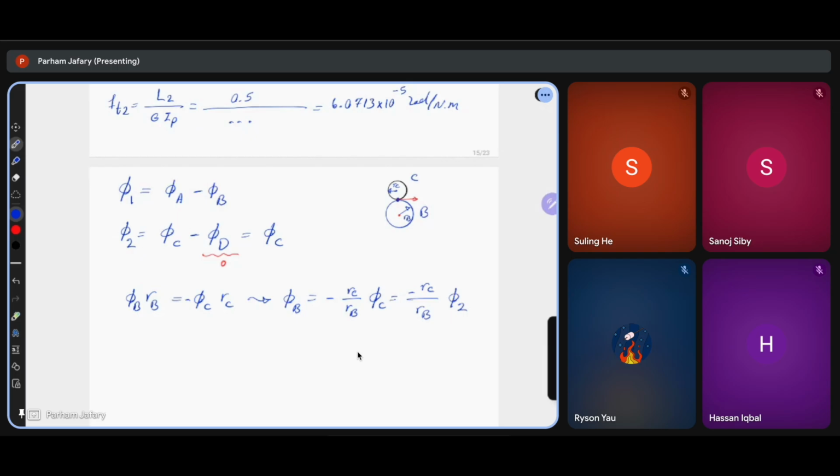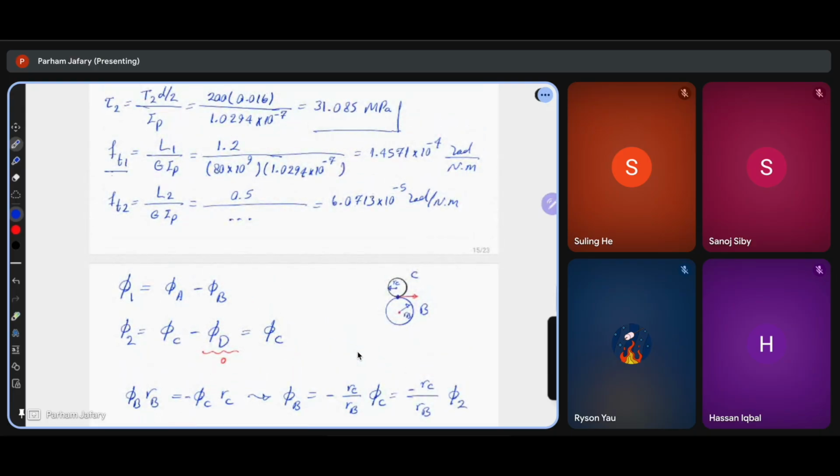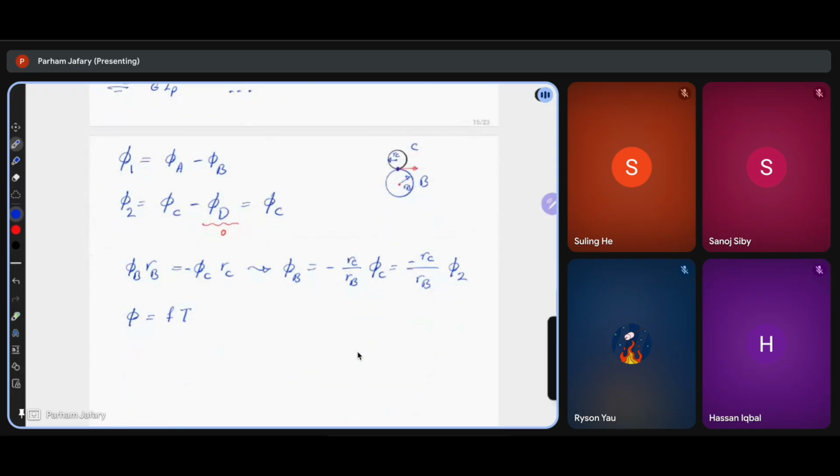Any questions until here? So the deformation phi is given by f times T. So for each shaft, we have previously calculated the f. Okay? Just note fT. fT is called the torque twist flexibility.